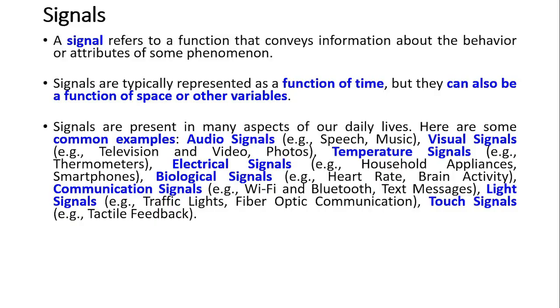So what does this mean? Anyone who can tell me what is a signal? Now I have given the definition. So a signal is basically, as it is written over here, some information or attributes which will be changing over a period of time. In general, we have audio signals.